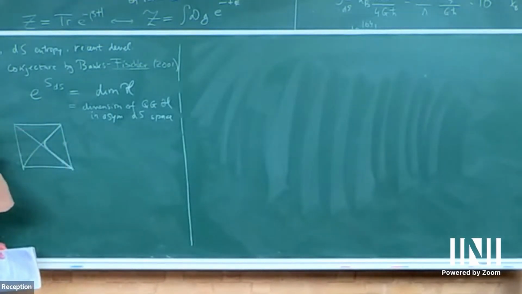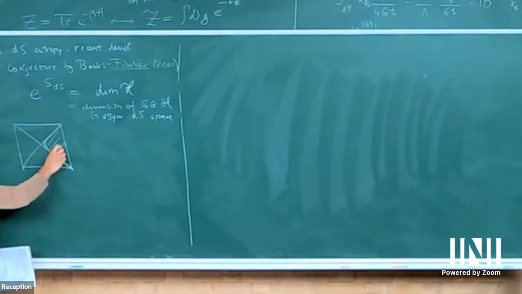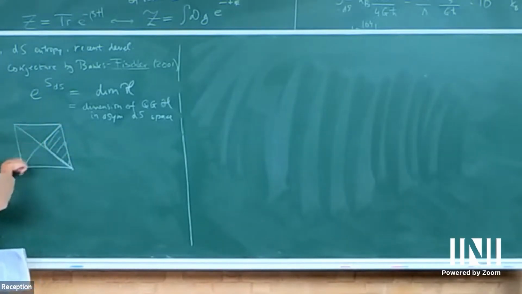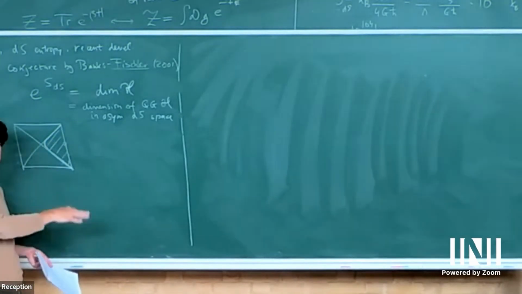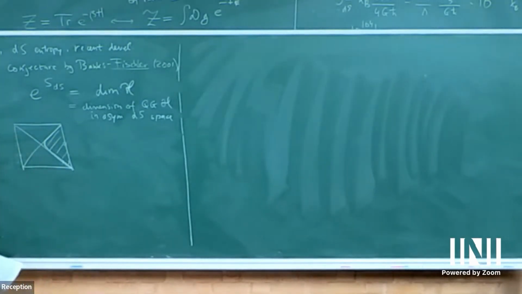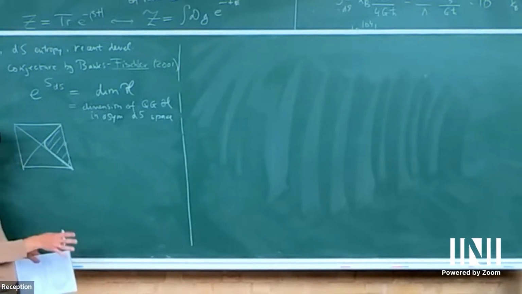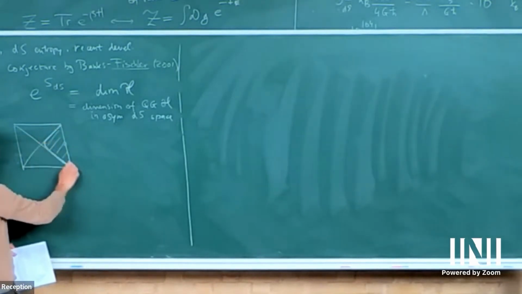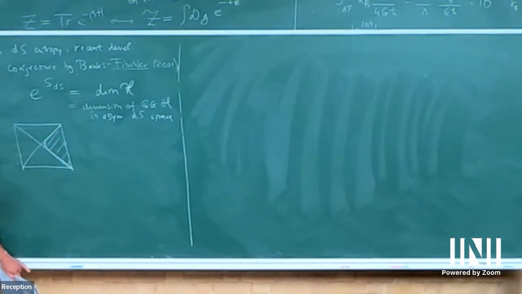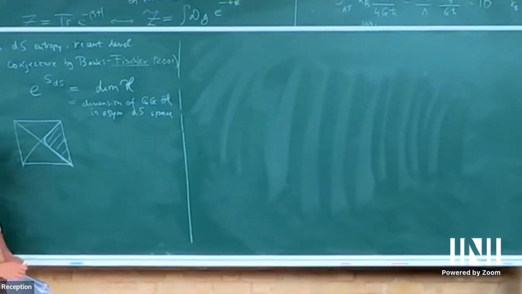You might say, well, this is only one static patch in de Sitter space. If I take another static patch, then there might be more degrees of freedom. But they are all related by the de Sitter isometry, and hence you only count the degrees of freedom of one static patch.